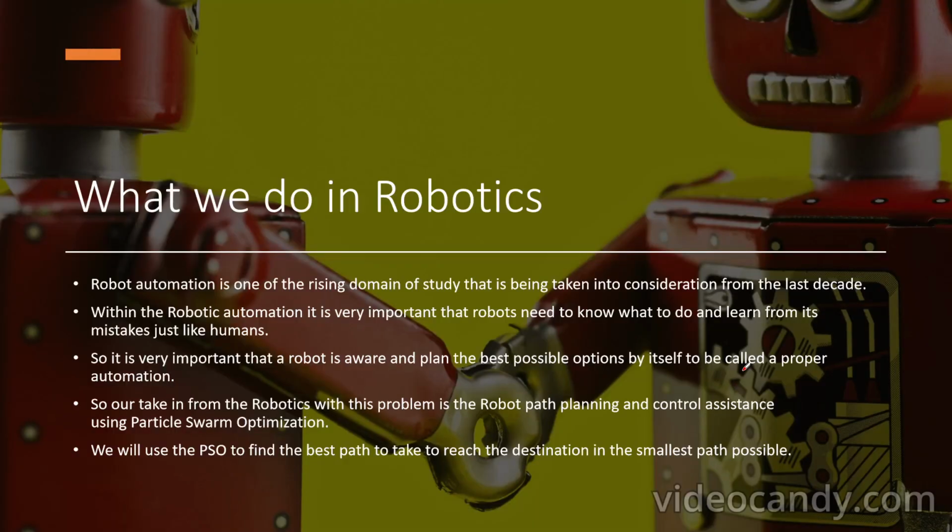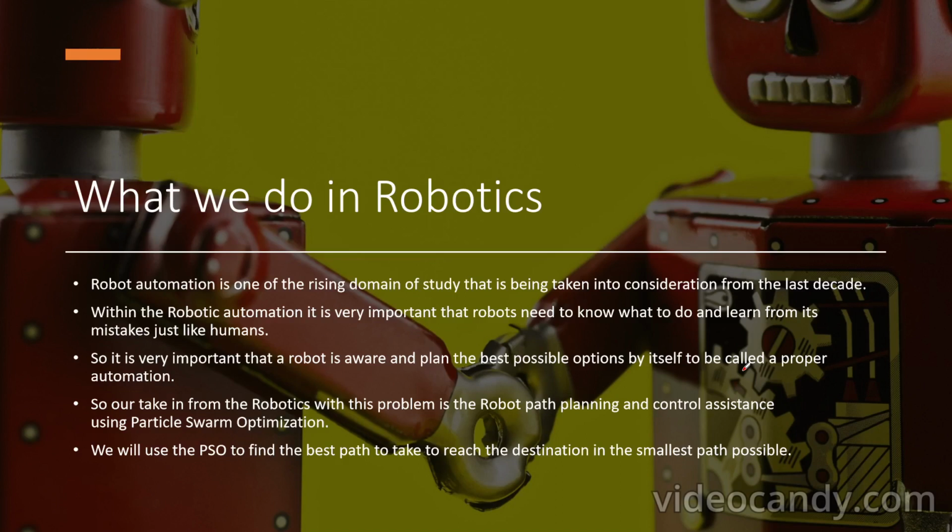Robotic automation is a rising domain of study within the last 2 decades, and it is also very important for robots to know what they are doing, learn from their mistakes, and help humans better. So a robot needs to be aware and plan the best possible options by itself to be called proper automation. The awareness part can be done by using sensors, but the planning should be done by using algorithms.